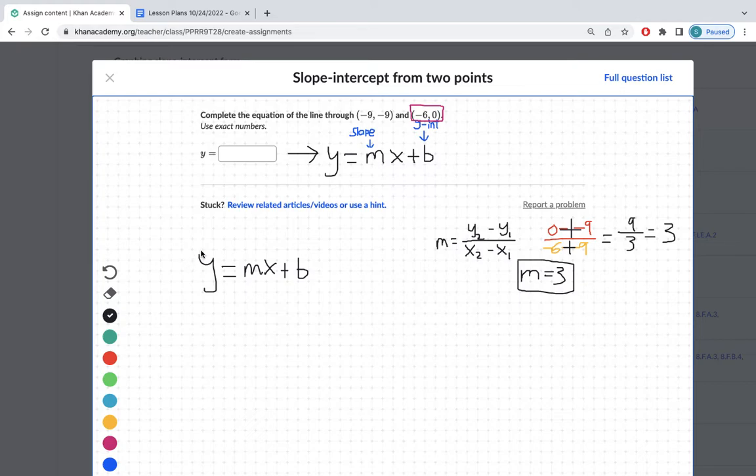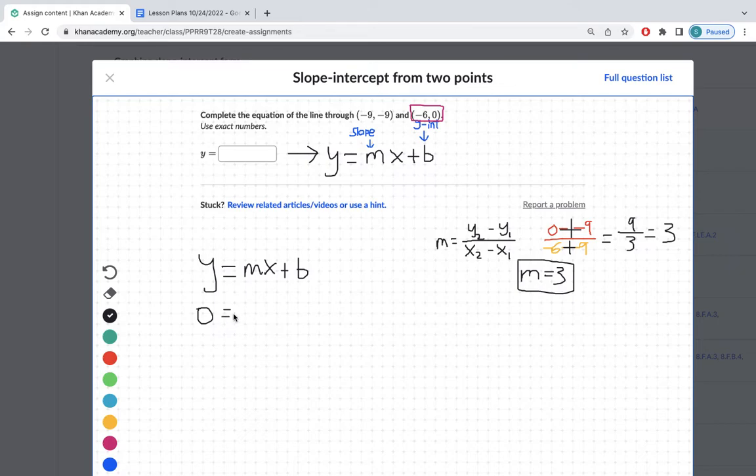So I'll use that. We want to start by replacing y with its value. If we look at this ordered pair, we have a -6 and we have a 0. Which of these numbers is in our y value spot? Remember, the first number in an ordered pair is your x value. The second number is your y value. So I'm going to replace y with 0.